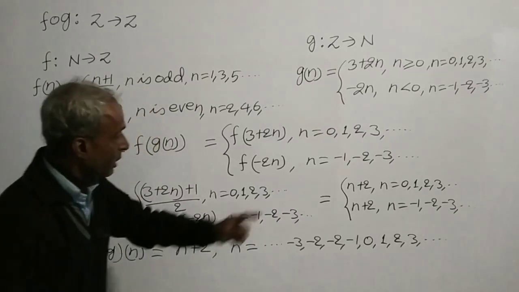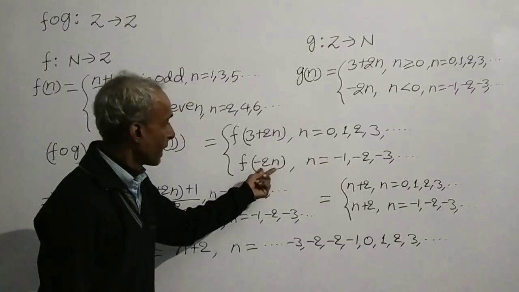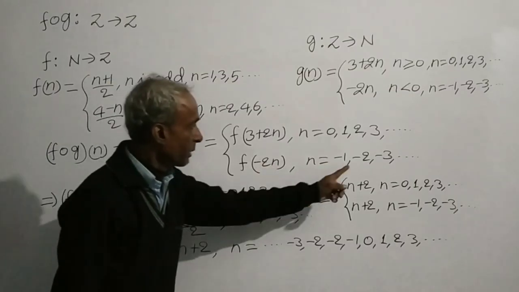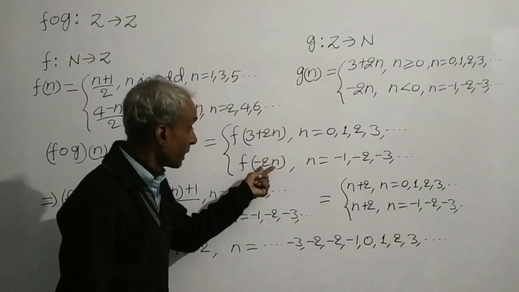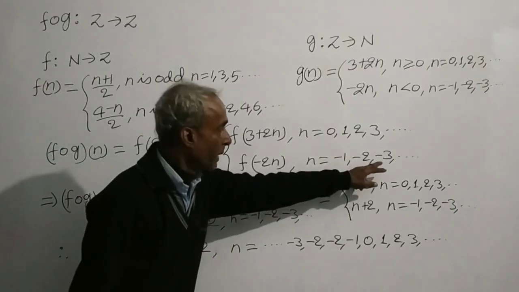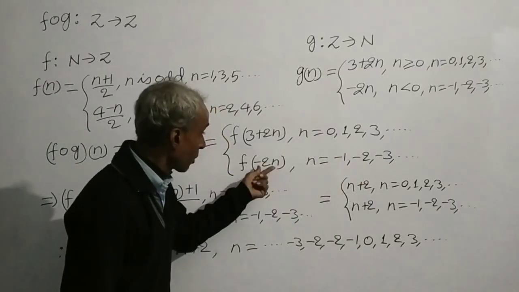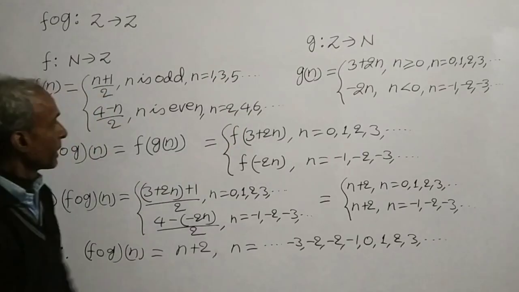When we put minus 1 here, we get 2. When we put minus 2 here in place of n, we get 4. When we put minus 3 here in place of n, we get 6, an even natural number.